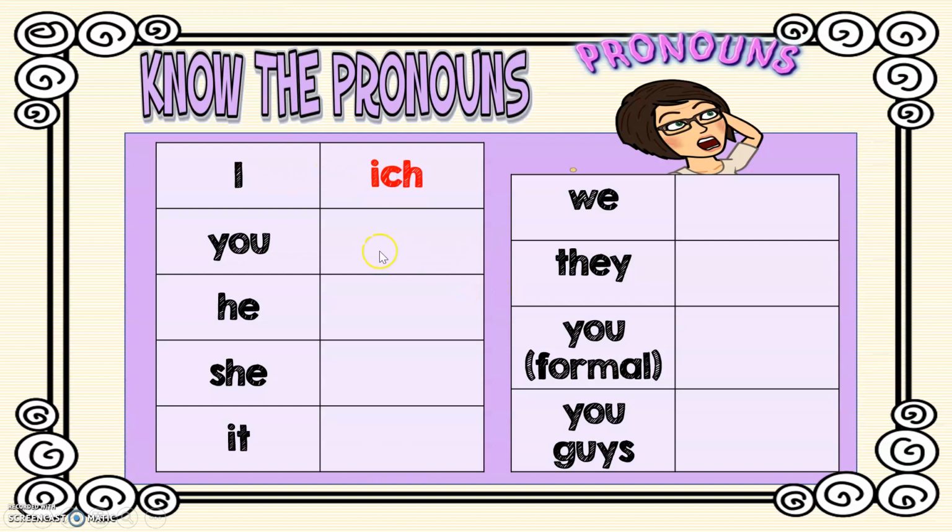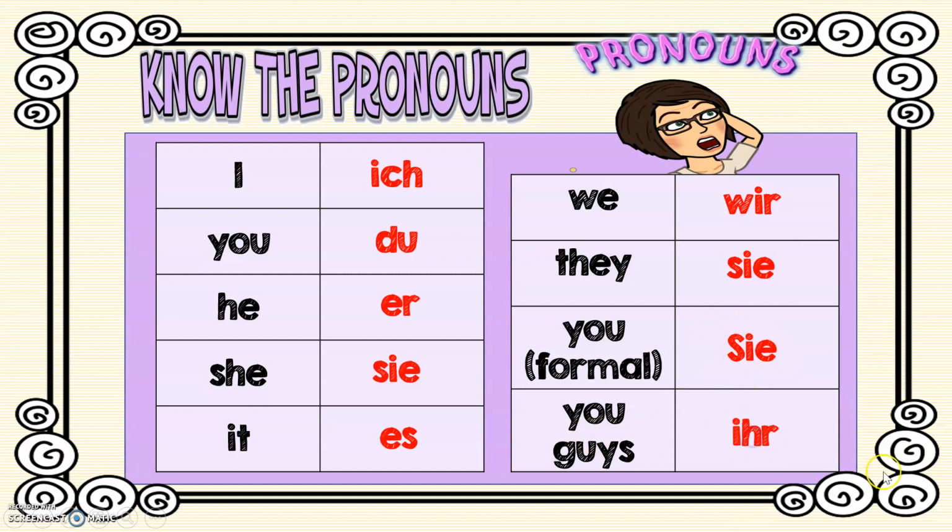I is ich, you is du, he is er, she is sie, it is es, we is wir, they is sie, you formal is Sie, always capitalized, and you guys is ihr.